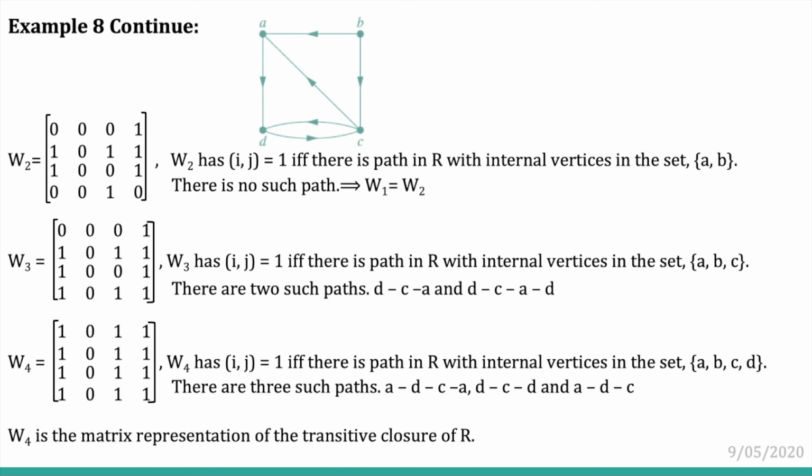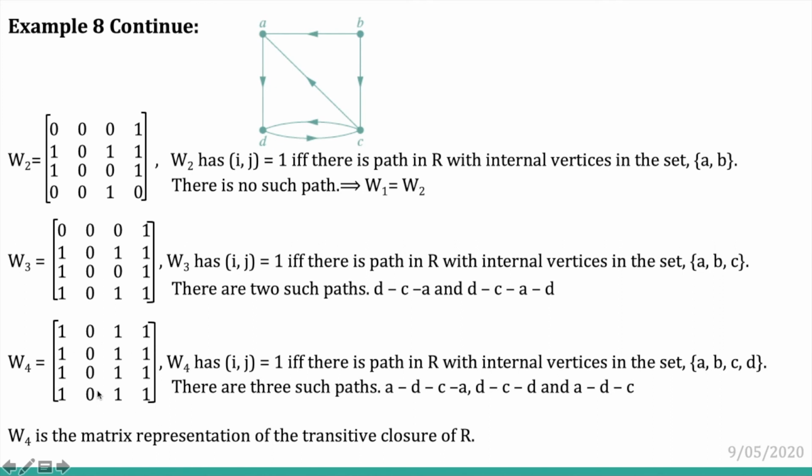In addition to those ordered pairs, we also have to take care of those ordered pairs which are connected by the path having internal vertices ABC simultaneously, or B and C together, or just B and C individually. So there are two such ordered pairs: ordered pair DA connected by the path D to C to A, and ordered pair DD connected by the path D to C to A to D. These ordered pairs have not been taken care of in W2, and we have to represent them by 1 in W3.